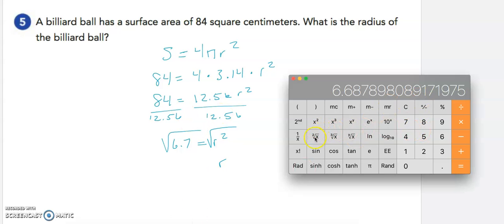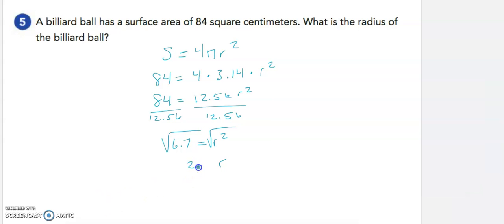That gives us 2.58. A lot of people said 2.6. If I just put 6.7 in there, the square root of that gives us 2.58, which is 2.6. Again, that's how rounding could change your answer.